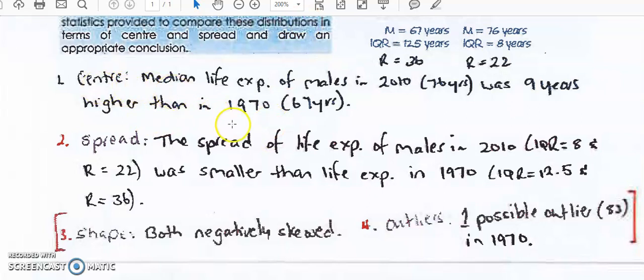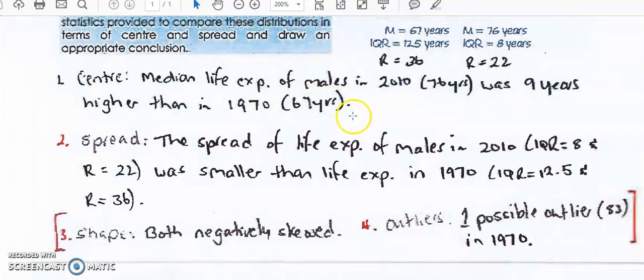So the center: the median life expectancy of males in 2010, which is provided already within the question, is 76 years. This is a median, the middle value. If you compare it to the 1970 median, it's higher, essentially 9 years higher, because in 1970 the middle value was 67.